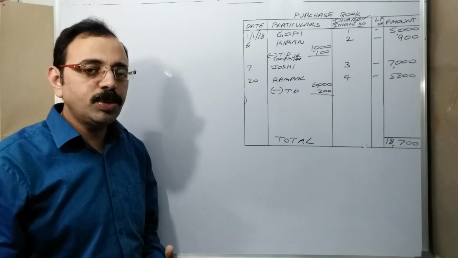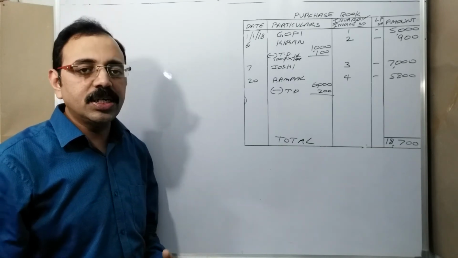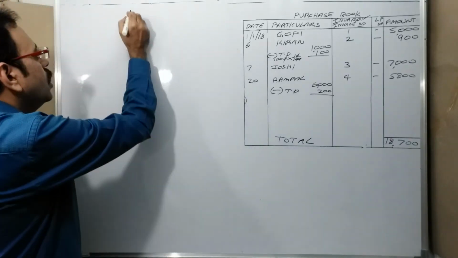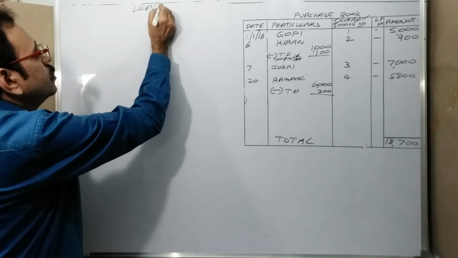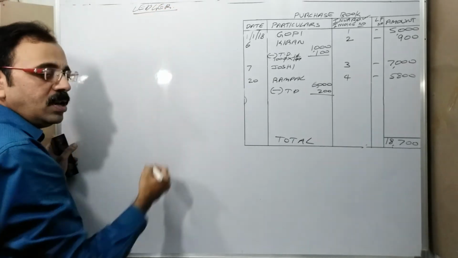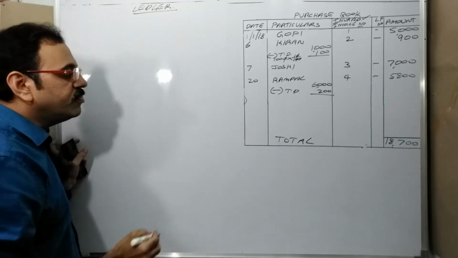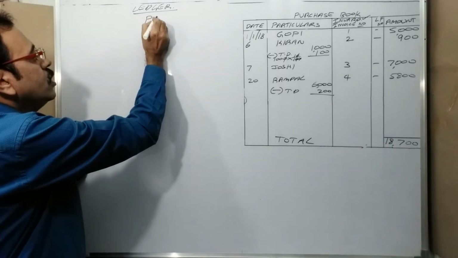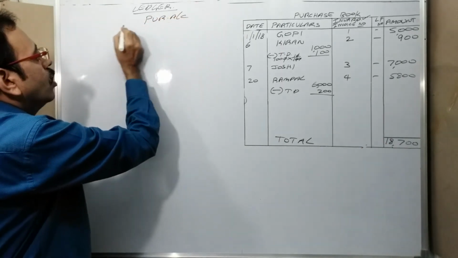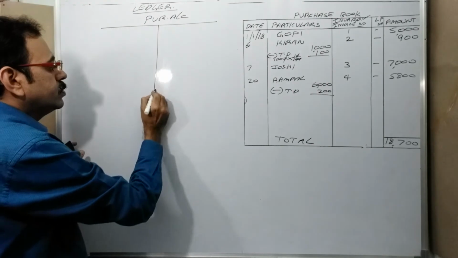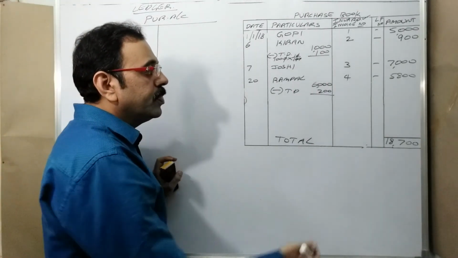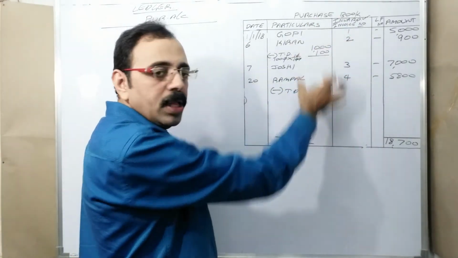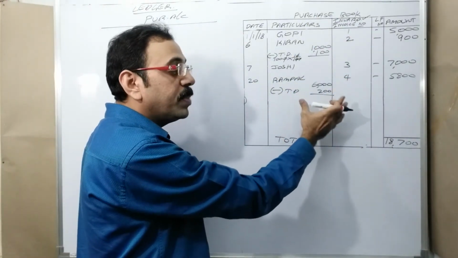Classification. In which book do we classify? Ledger. So let us see how to post these transactions in the ledger book. First, we open the purchase account, and assume that in the month of January, there are a total of 500 purchase transactions.